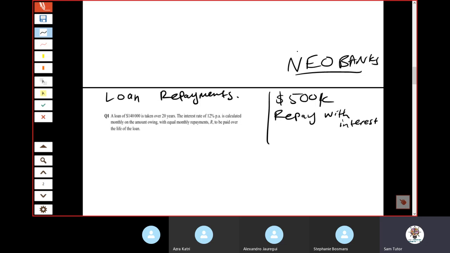Their returns are a lot higher, and everything goes directly to the saver. So if the person was getting a return from their savings of 5%, they'll only be charging this person 6%. So they're only making the 1% to operate. It's not as bad as the big banks we have, like Combank and ANZ.